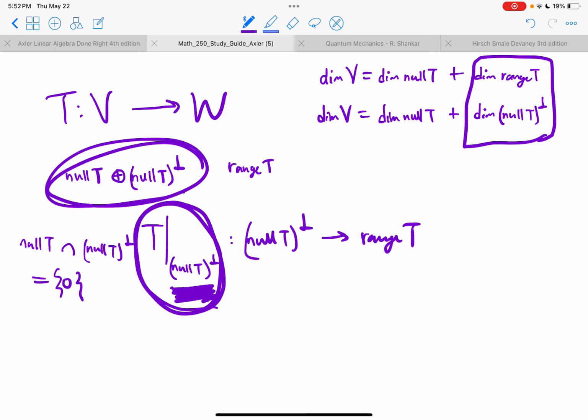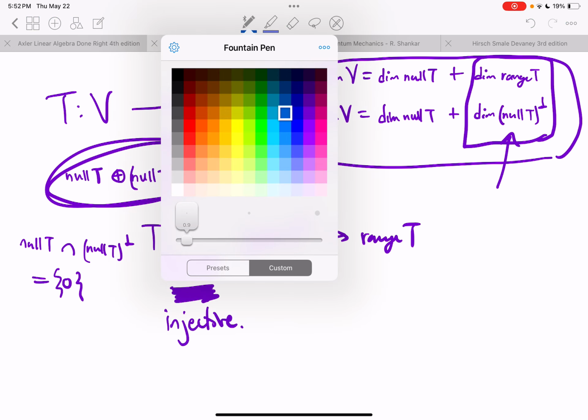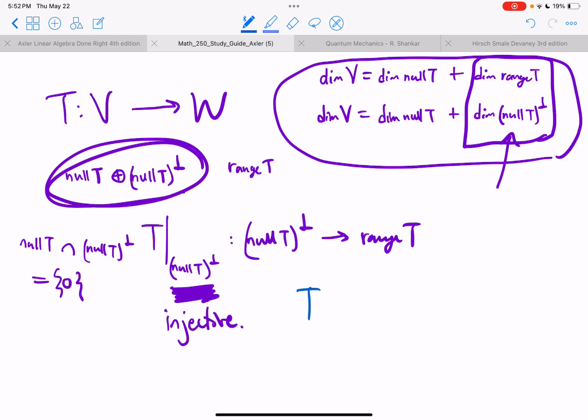And that means that T restricted to the null of T perp only has the 0 vector in its null space, which means this is injective. And since it's an injective map between two spaces of the same dimension, it is invertible. And hence we have proved our first theorem that T restricted to the null of T perp is invertible.